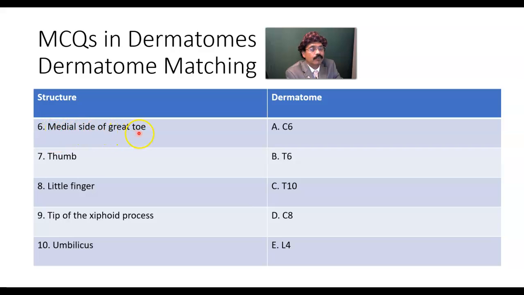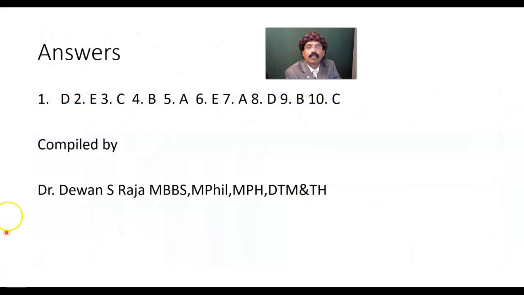Medial side of the great toe: it should be L4. Thumb is C6, little finger C8, tip of the xiphoid process T6. Umbilicus T10. That's all about the dermatomes.